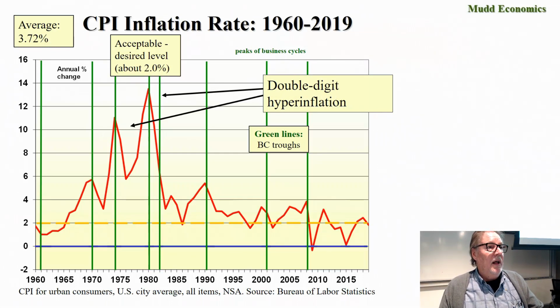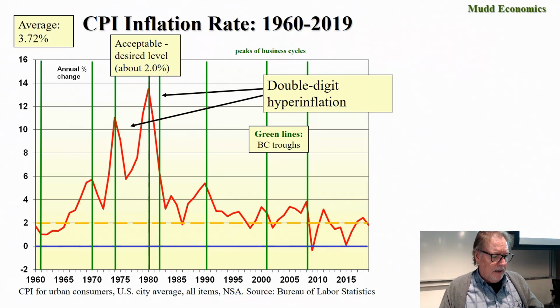But if you go back to the 70s and 80s, you can see that the picture back then was entirely different. There were two very substantial inflationary episodes in that period of time that did great damage to the American economy. The first one, we can see that the CPI, and this again is the annual average, so we're talking about prices being up in double-digit ranges for more than 12 months.